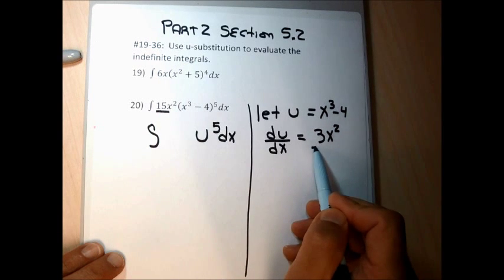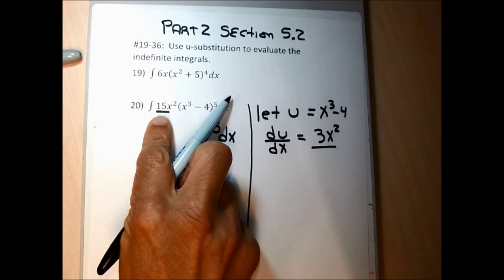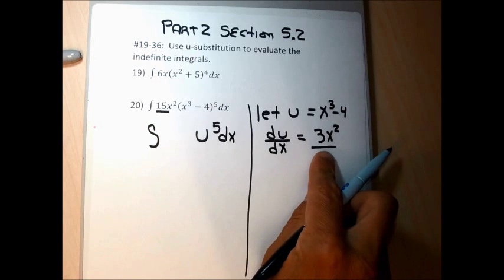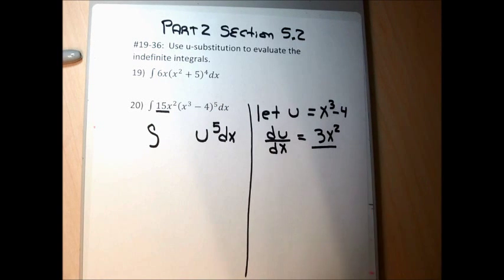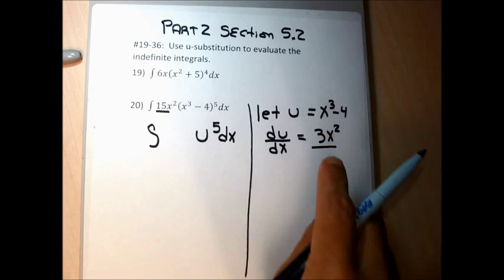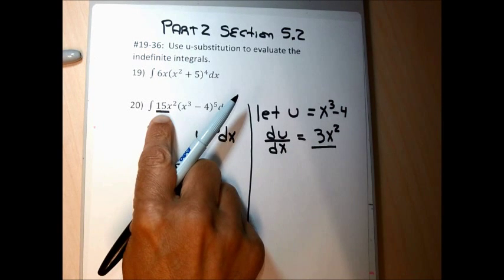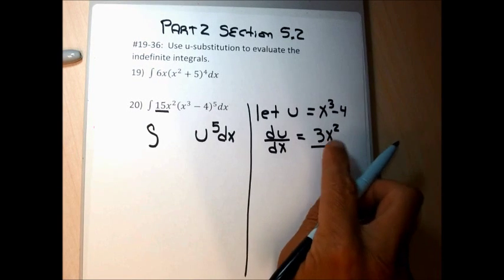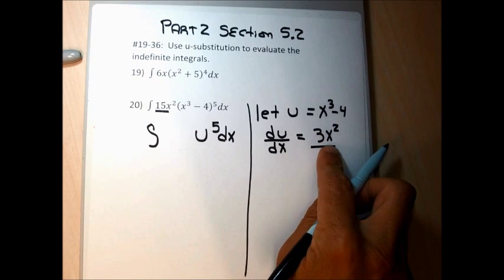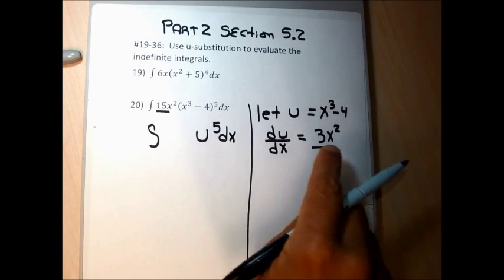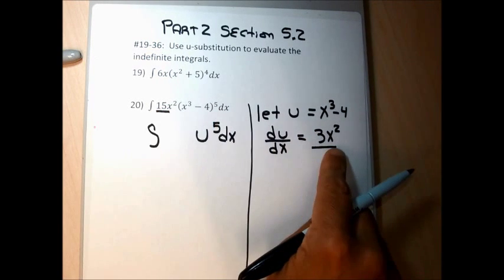Unfortunately, I have a 15x squared here and a 3x squared there. I need to substitute a 15x squared, and to make a 3x squared into a 15x squared, I have to multiply by 5, because my goal is to have this side as a 15x squared, but it's only because that's what I need to replace. I only have a 3x squared.